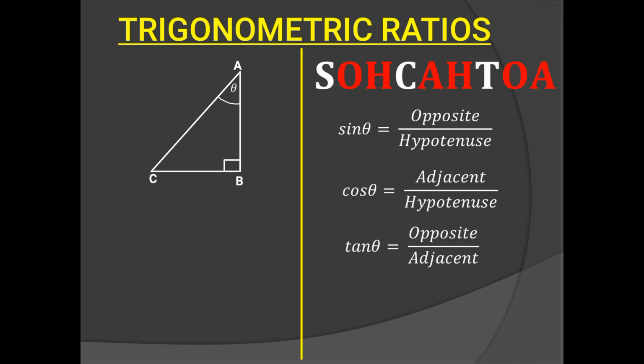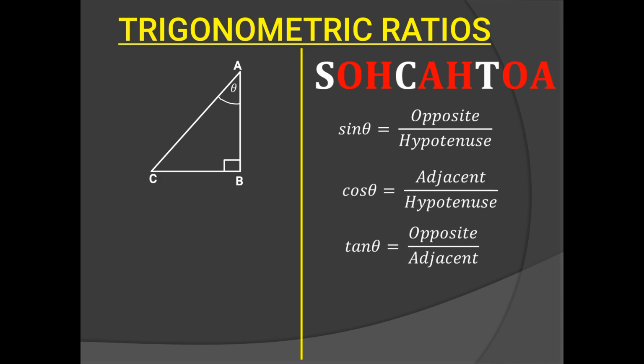Then the C represents cos, that is cosine, but we just use the short form. So cos theta is adjacent over hypotenuse. That's why we're identifying the opposite, the adjacent, and the hypotenuse. Then the T is tangent, so we just put a short form, tan. So tan theta is equal to opposite over adjacent.